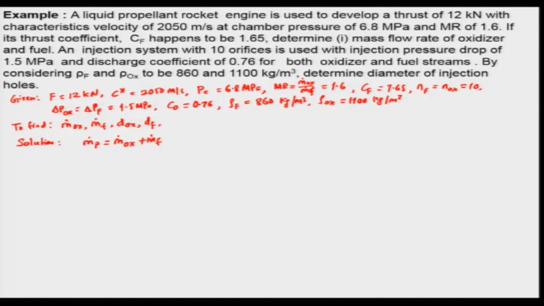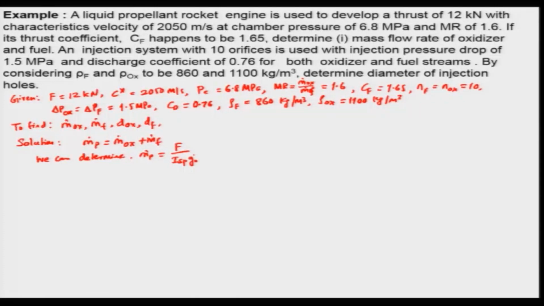We can find that very easily. We know m dot p equals F divided by Isp and g naught.